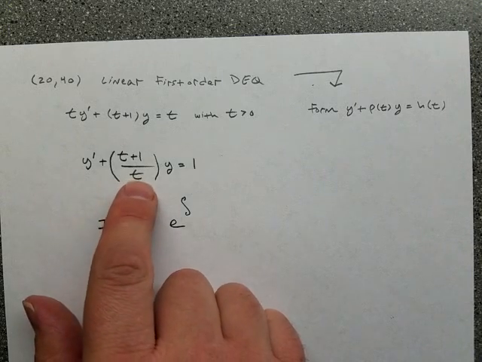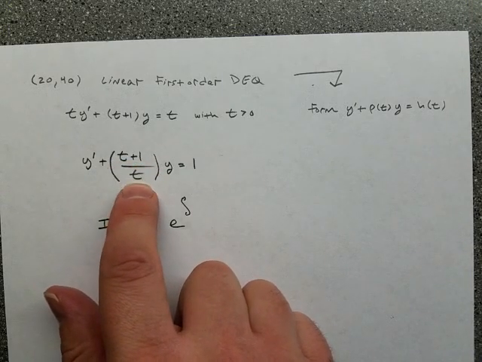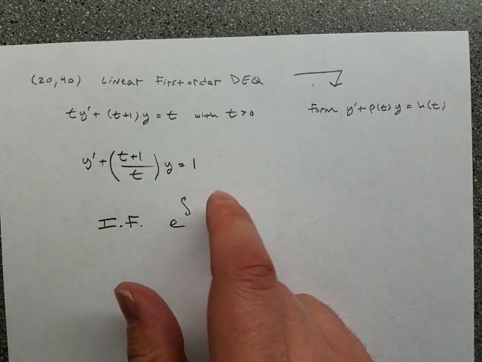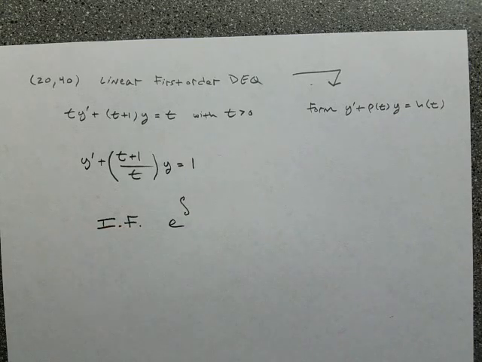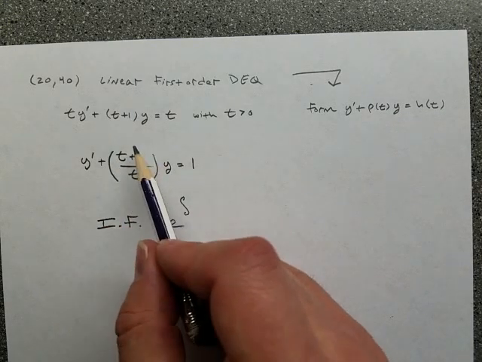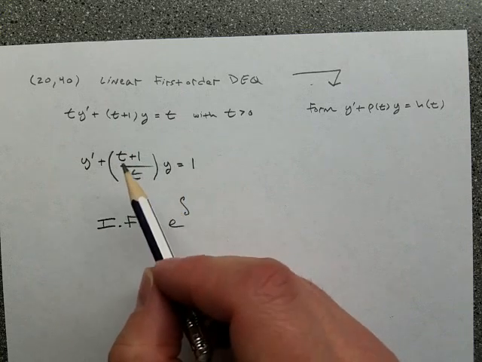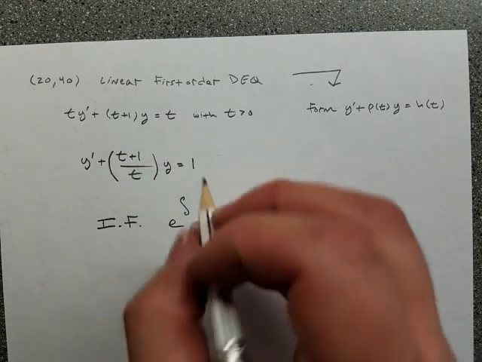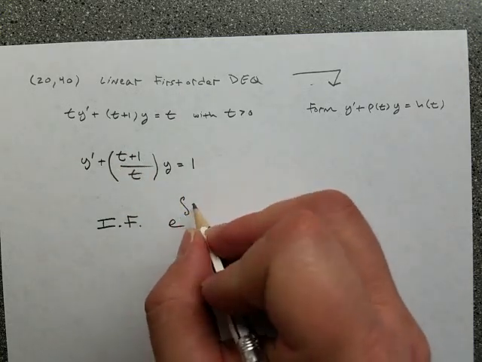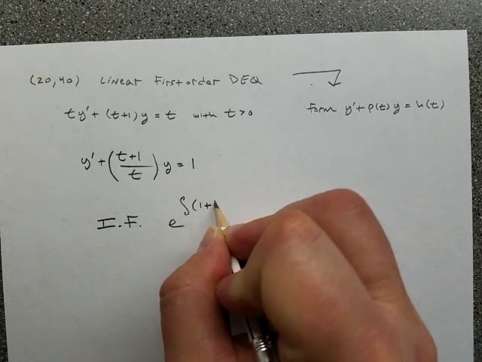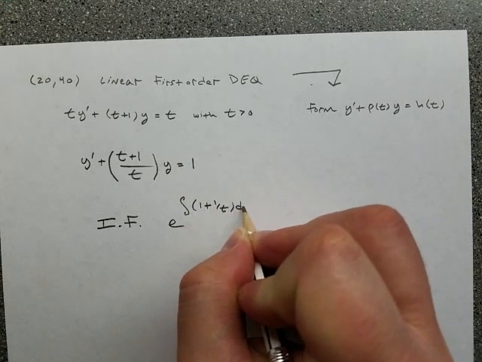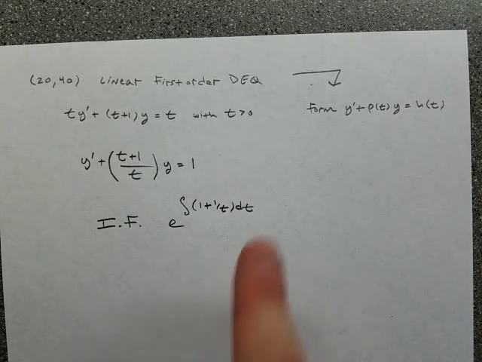So what's the antiderivative of t plus 1 over t? e should be taken to that power. There's your integrating factor. For the sake of integrating that, I'll reduce t plus 1 over t. Let's say 1 plus 1 over t. All right, so however that works out, that's the integrating factor.